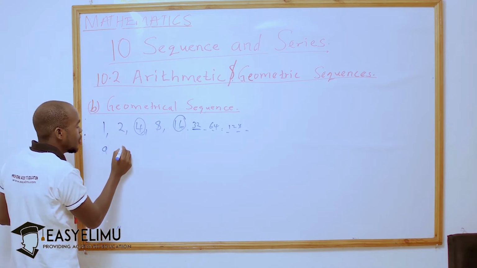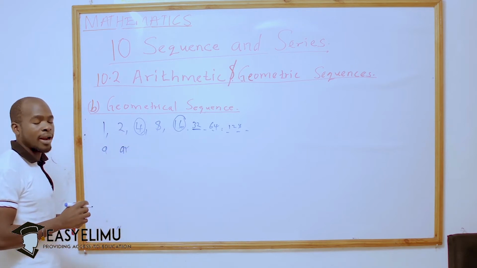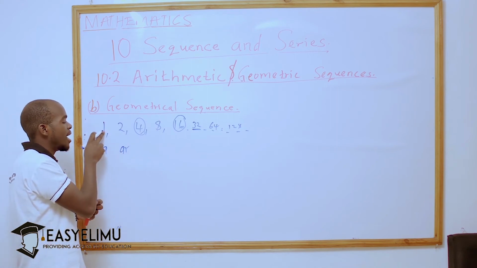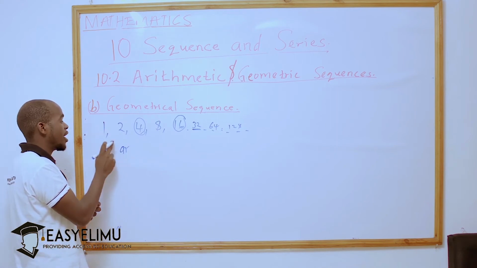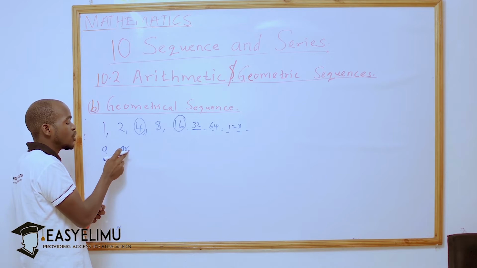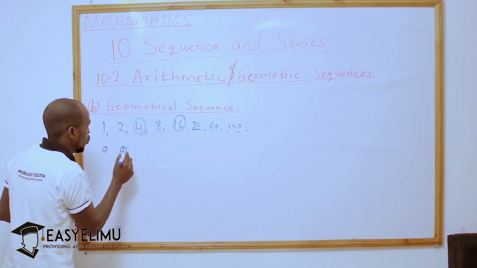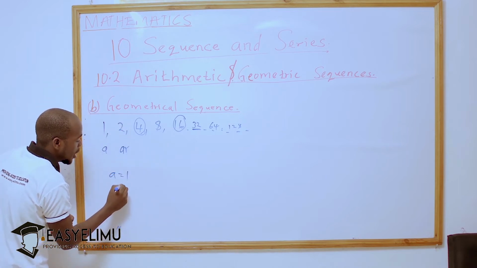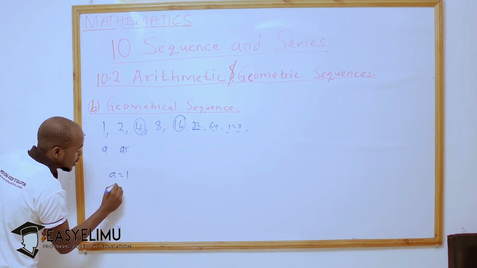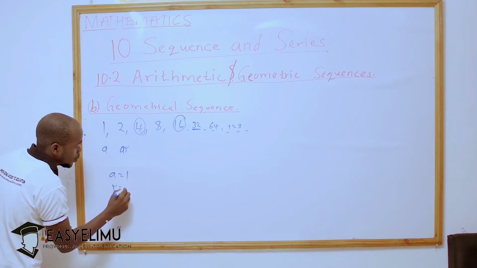You will find this one will be equivalent to AR, whereby A is the first term and R is the common ratio. If you multiply 1 by 2, you get 2, since A is 1 and R is equal to 2.